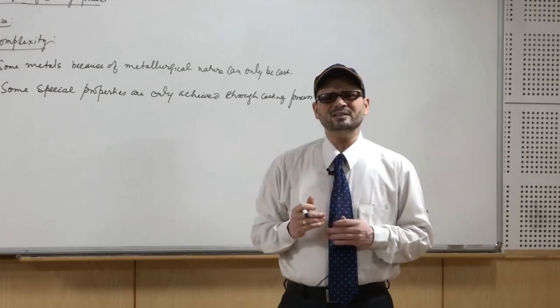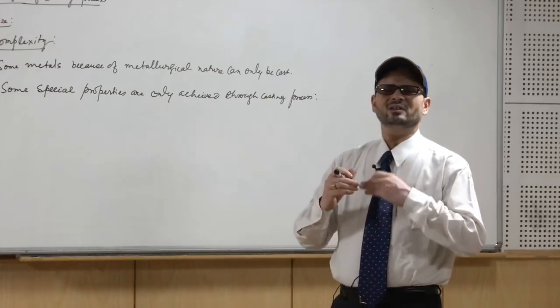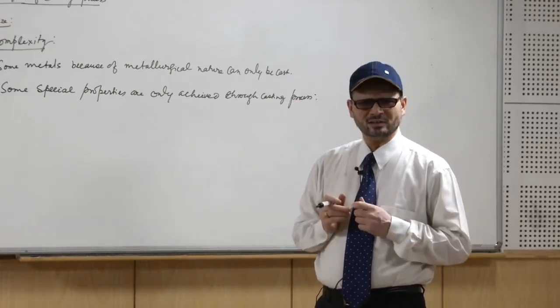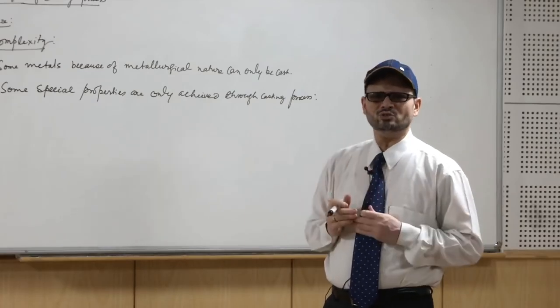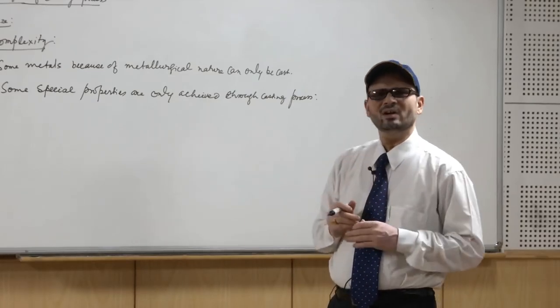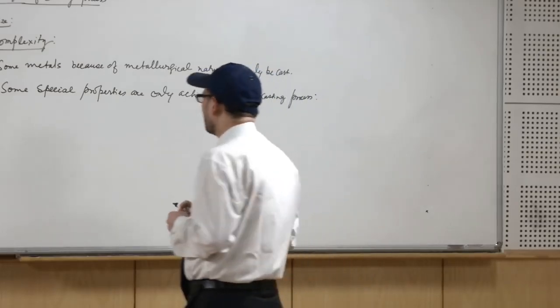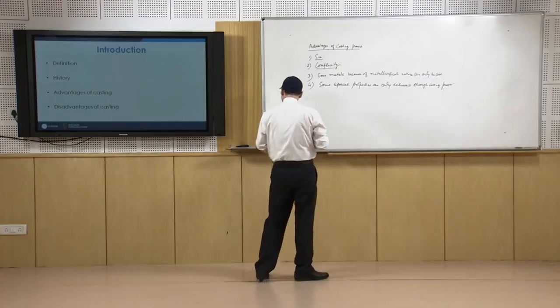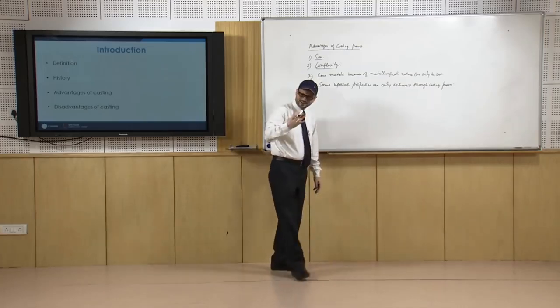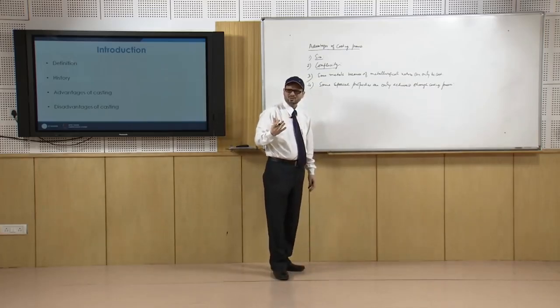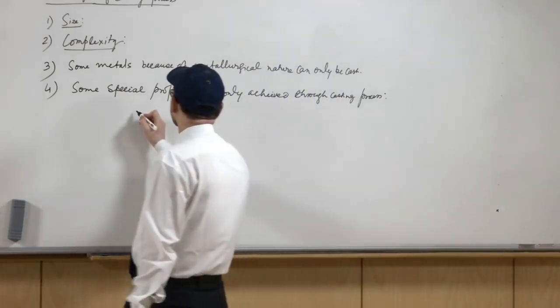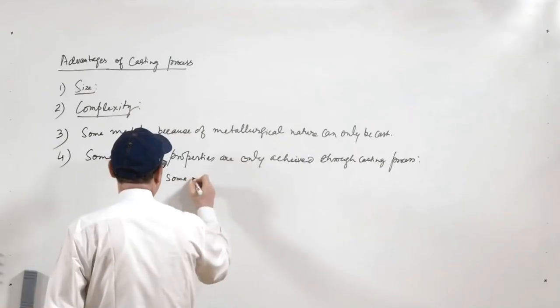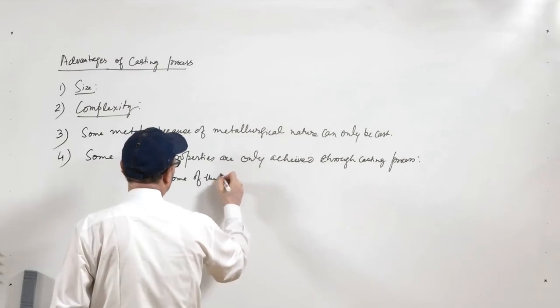Another example is that you have many examples of bearing metals. So, that property is also achieved only in case of casting. The other properties we look at may be the toughness of the materials; some of the light metals and alloys can only be cast.